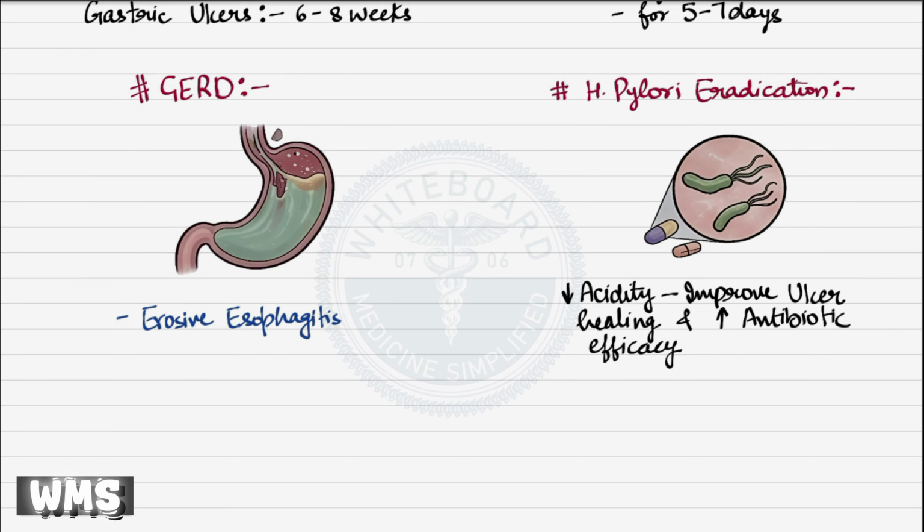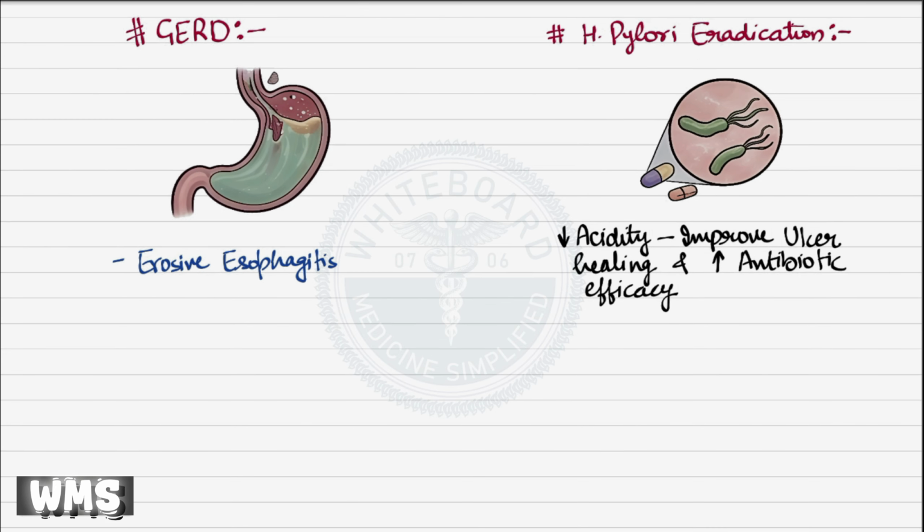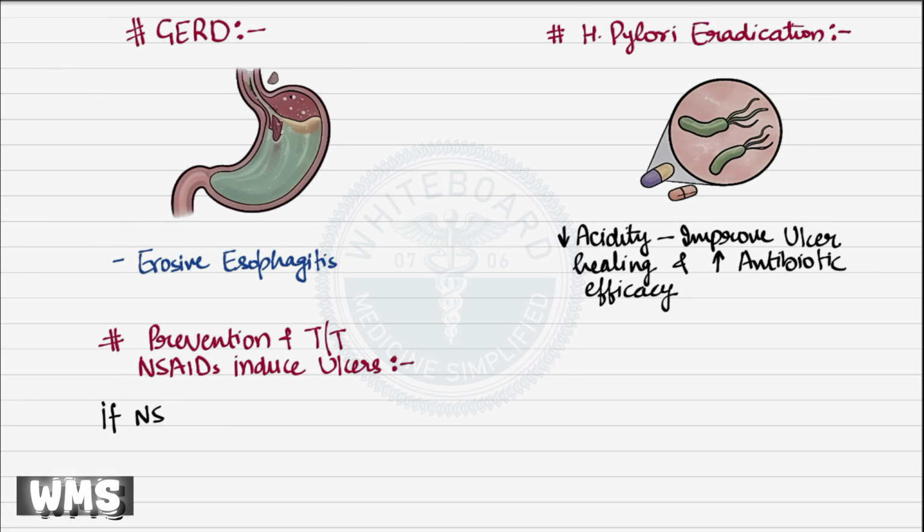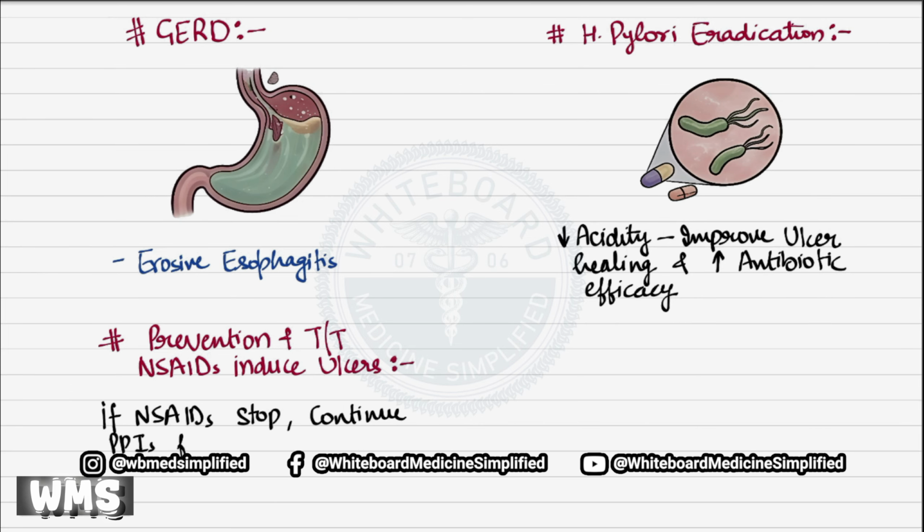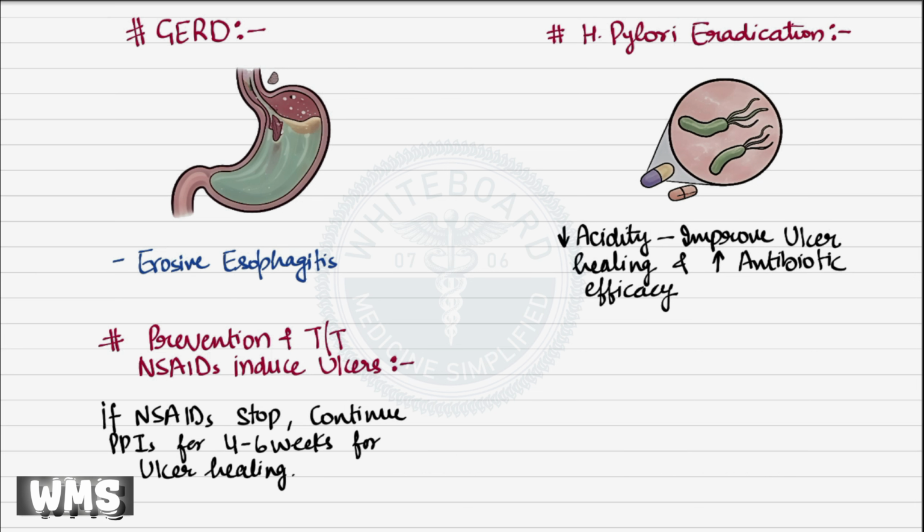Furthermore, these drugs are frequently used for the prevention and treatment of NSAIDs-induced ulcers in patients who require long-term NSAIDs therapy. However, if the NSAIDs is discontinued, the PPI is usually continued for another 4 to 6 weeks to allow complete ulcer healing before it is gradually stopped.